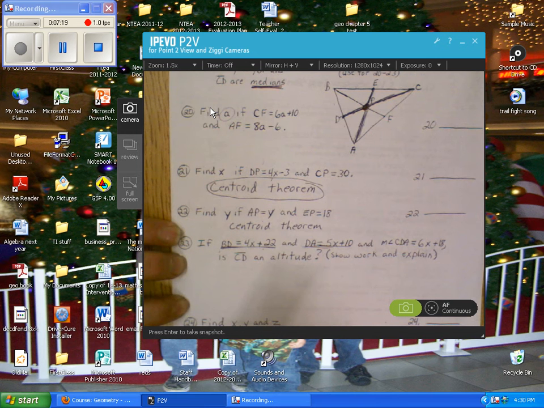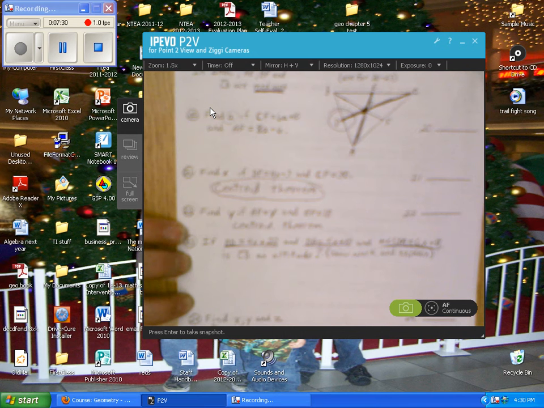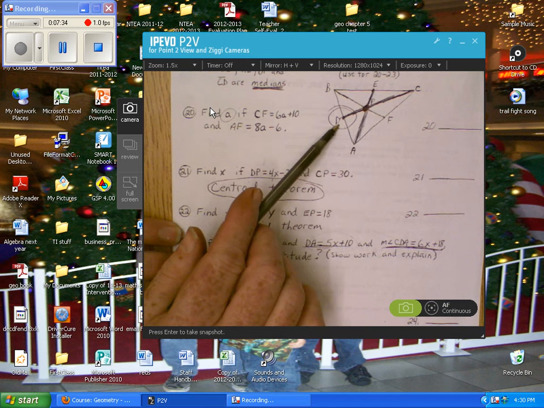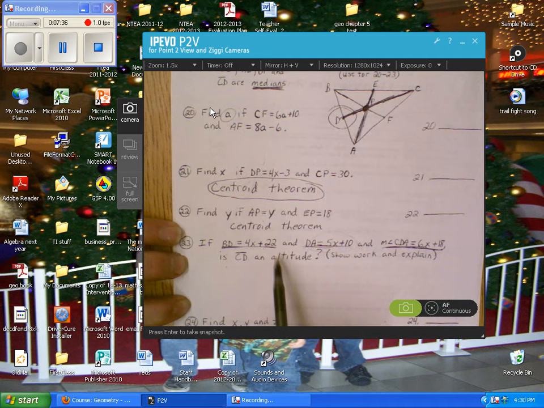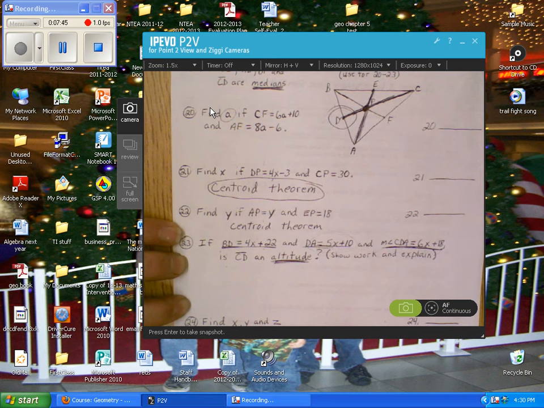And that's going to allow you to find X. Once you find X, then you can decide what you know about these two angles right here. Then that'll let you decide if CD is not only a median, but also an altitude.